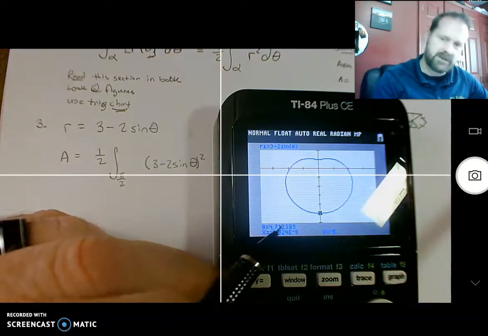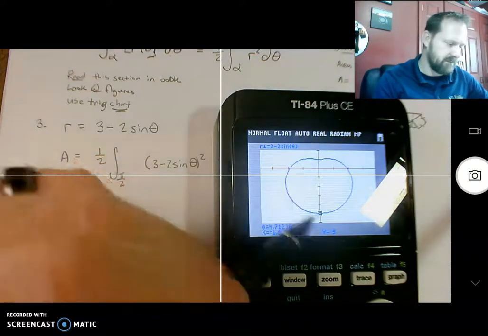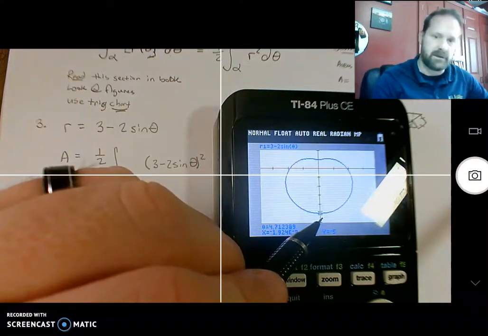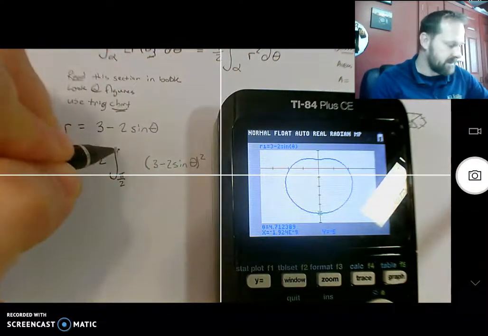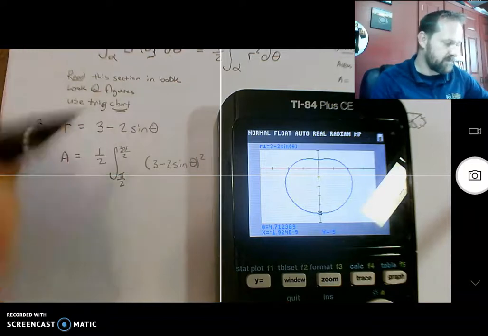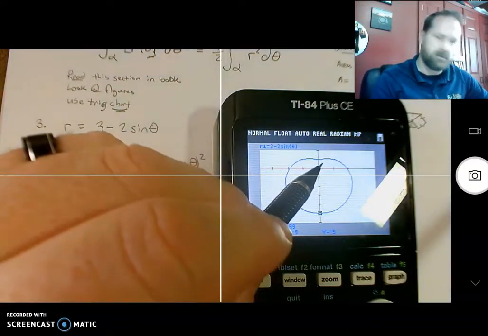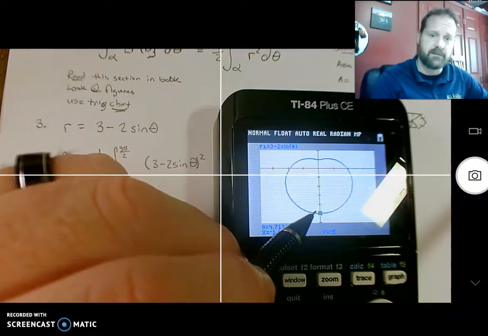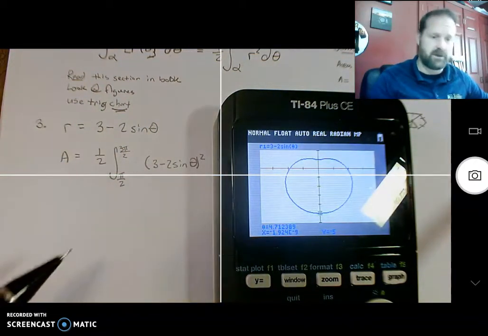And then 4.71 is where it's going to be on the graph, that's going to be 3 pi over 2. So this goes from pi over 2 to 3 pi over 2. That's the region I'm going to do.